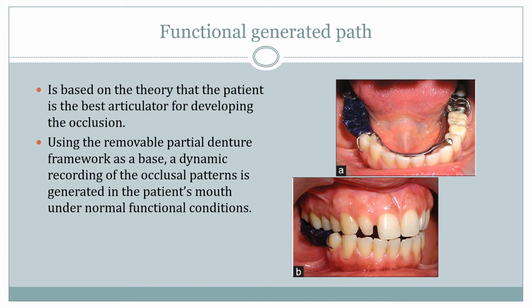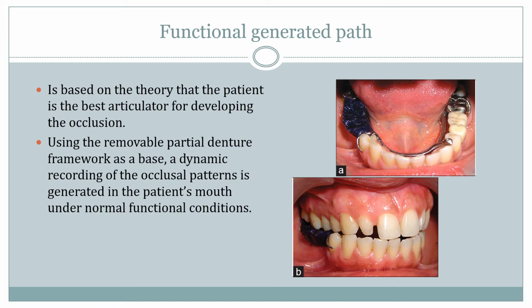So this wax is built up on the area where there is an edentulous space, and the framework is seated in the patient's mouth. After that, the patient is asked to bite in centric relation, in centric occlusion, maximum intercuspation, and also move his jaw in all the possible movements. When this wax is placed, it is soft and slightly in a moldable stage.